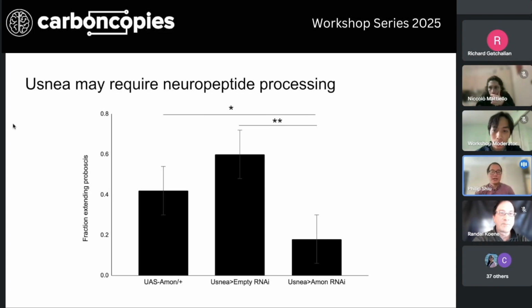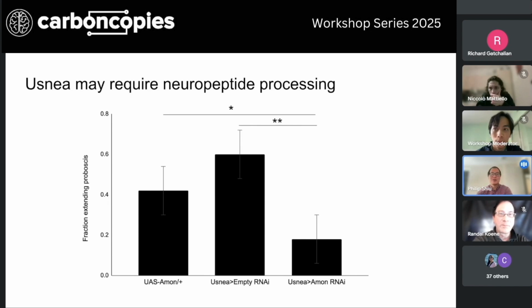We did an experiment where we knocked down this gene that's required for neuropeptide processing, the Amontillado gene.